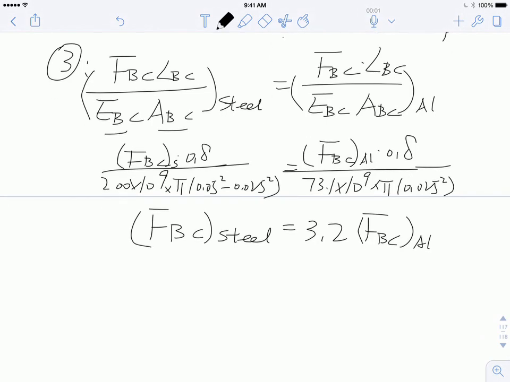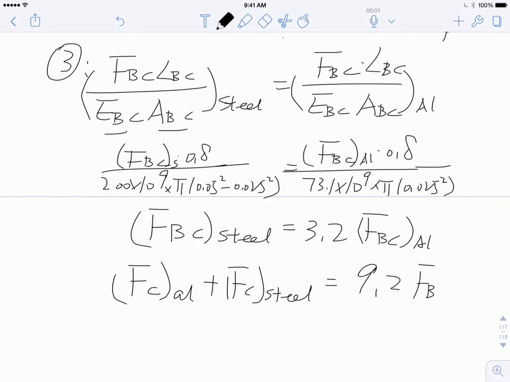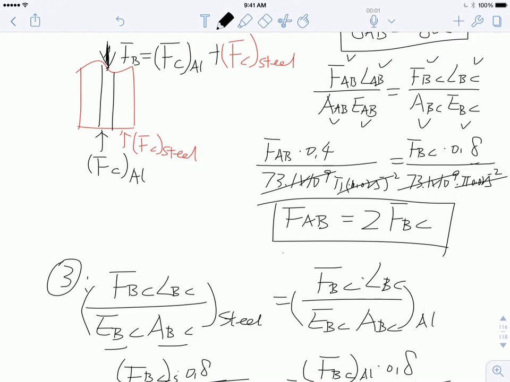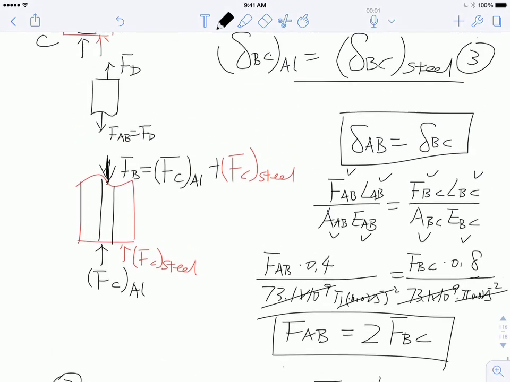Once we have that, then we can have all the things being solved. So first of all, this F_C, which is the bottom part: F_C in the aluminum plus F_C in the stainless steel should equal roughly 9.2 F_BC in the aluminum. This is when you have these two things solved right here.